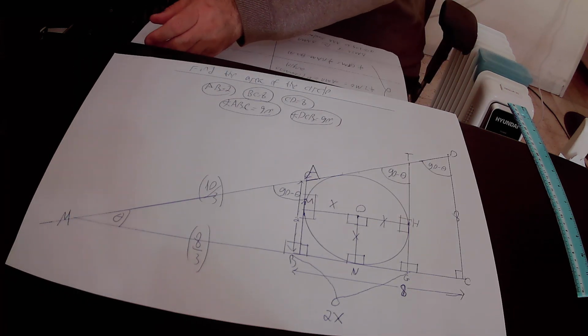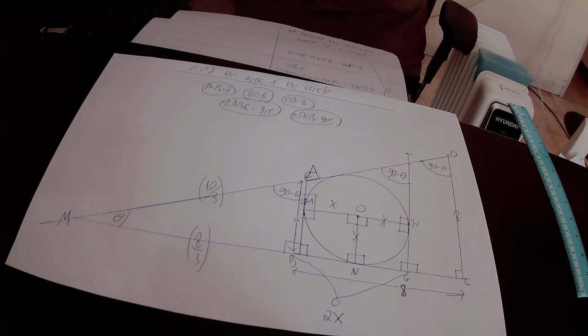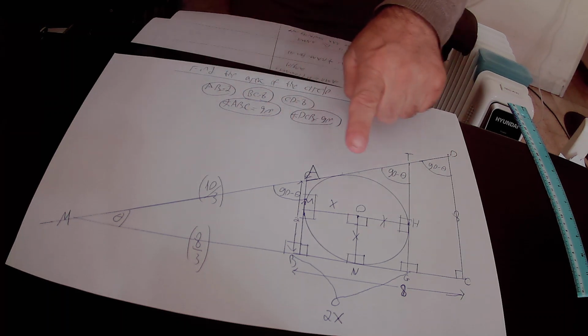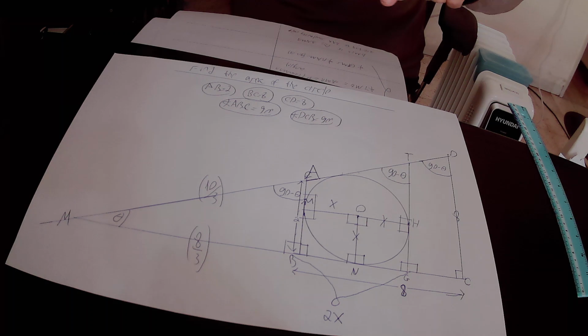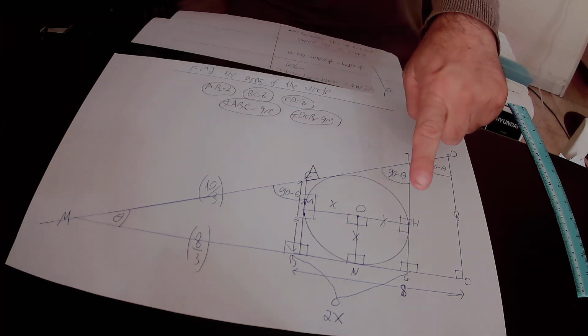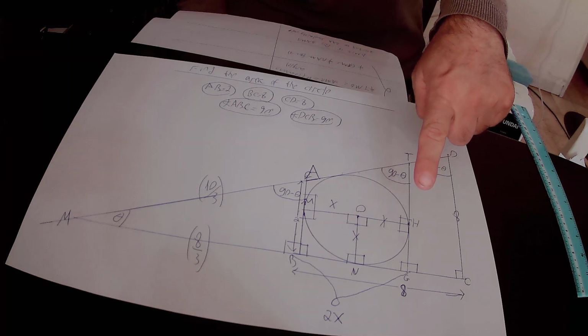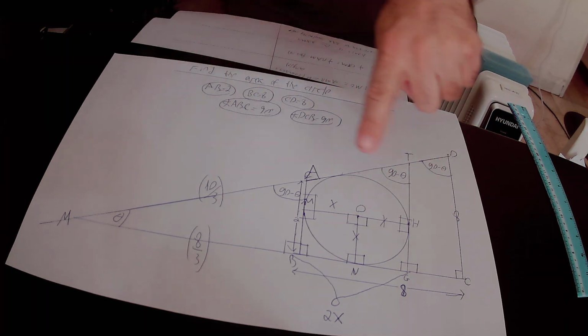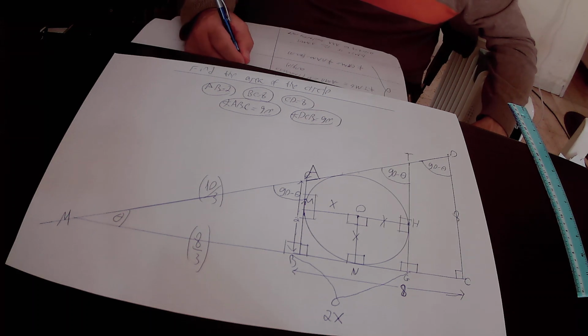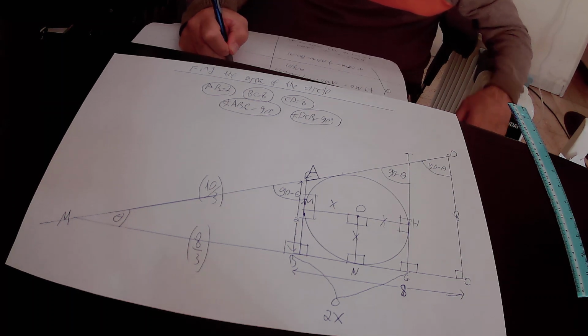I've already explained to you that MG equals MB plus BG. That is to say, MG equals MB, that is 8 over 3, plus BG, that is 2x. So in total, MG equals 8 over 3 plus 2x, over MB.